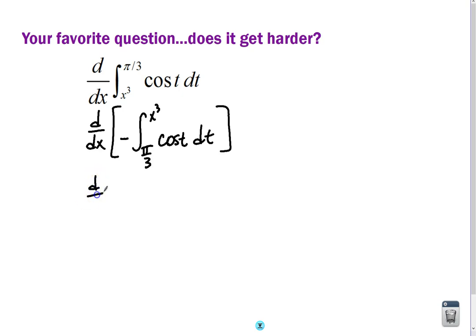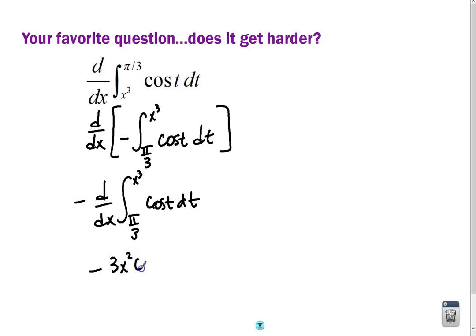And so the negative can be brought out front, so negative d dx of the integral of pi over 3 to x cubed cosine t dt. We did this one on the last page, so it's basically negative 3x squared times the cosine of x cubed.